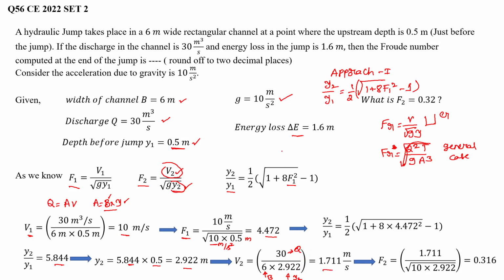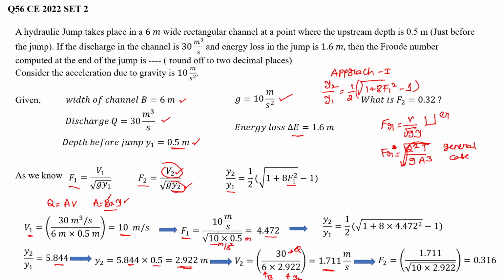If you observe clearly, the velocity before the jump is around 10 meter per second, but the velocity after the jump is 1.77 meter per second. Similarly, the depth before the jump is 0.5 meter, and when we compute the depth after the jump, we get nearly 3 meters.